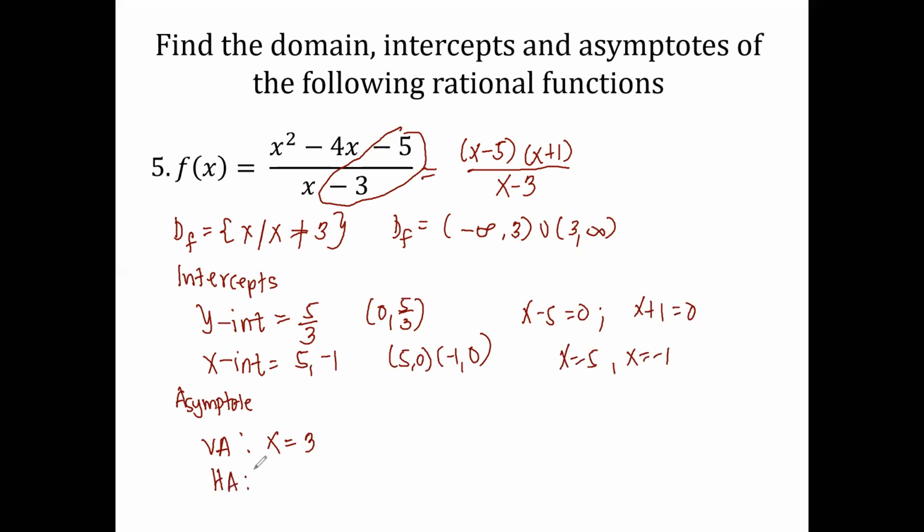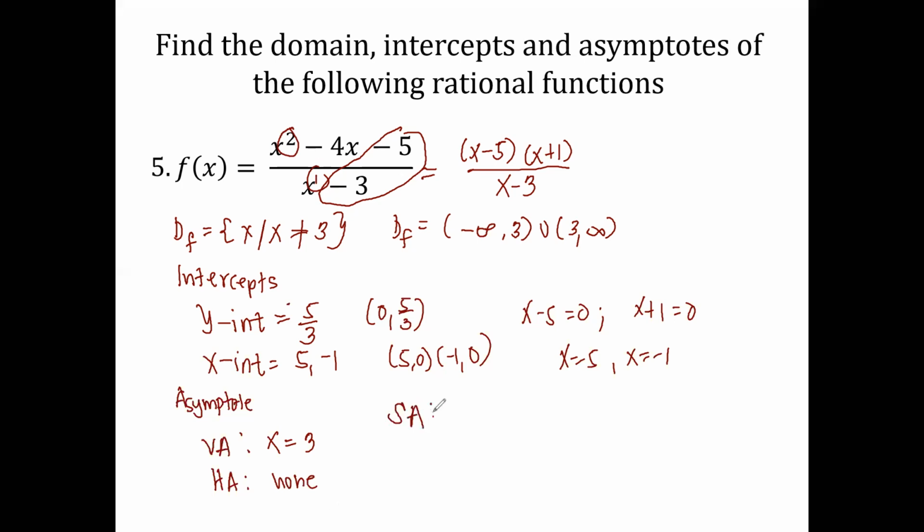Horizontal asymptote. Check if the degree of the numerator is greater than the denominator. So that means there's no horizontal asymptote. But the degree of the numerator is 1 more than the denominator.